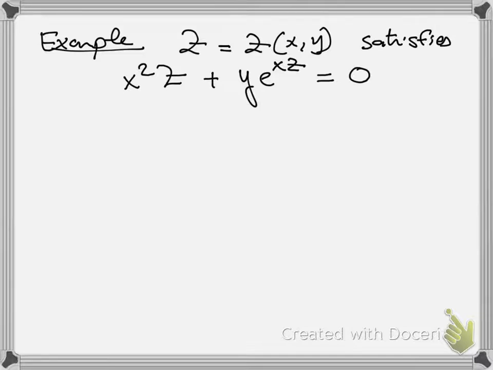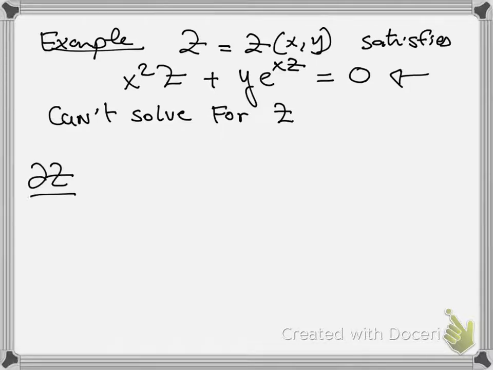Here we cannot solve for z, so we don't know the explicit expression of z in terms of x and y. So z is implicitly defined by this equation. However, we can compute, let's say, partial z.